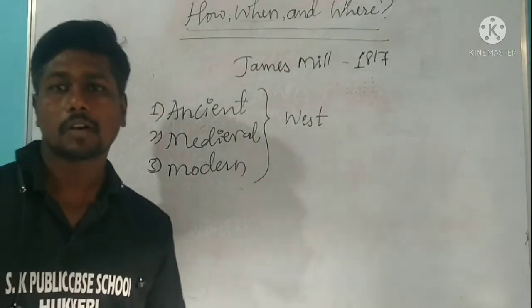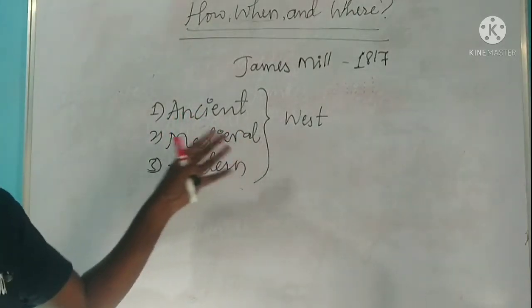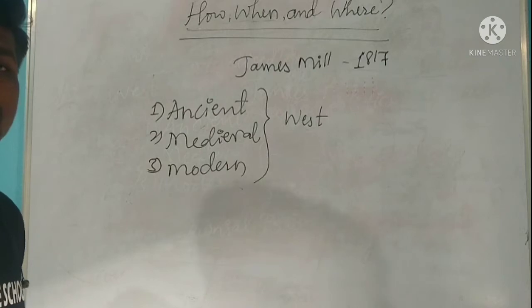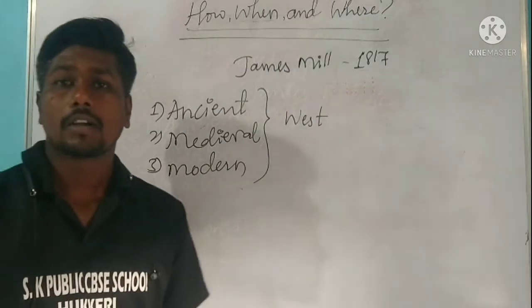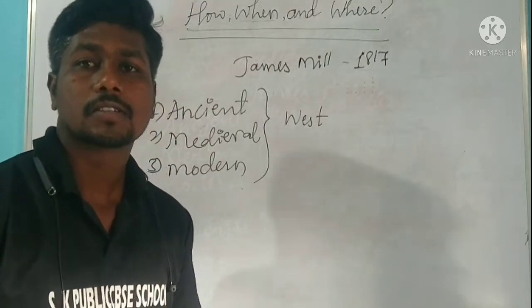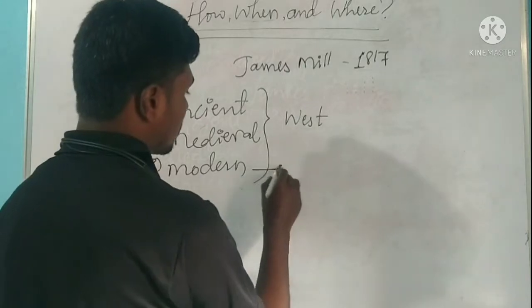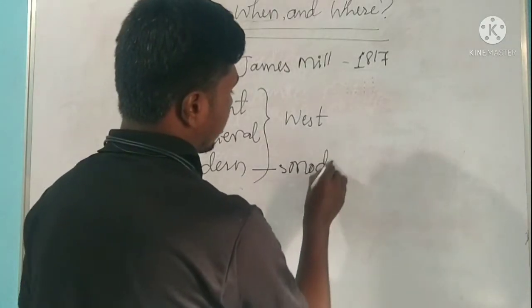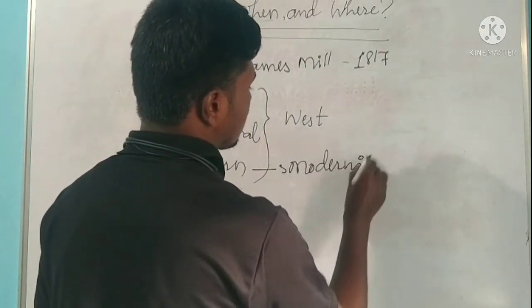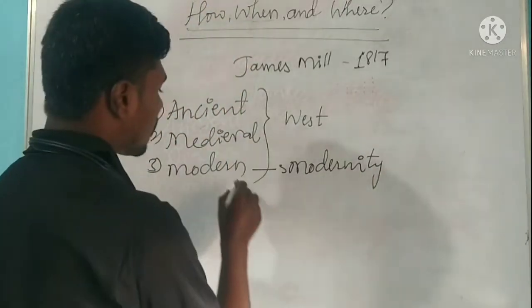And then, the important point after this: as it was brought from the West, in the West what happens? In the West, the modern period was related with the growth of all the forces of modernity. I mean, modernization was done when? In the modern period. What modernization?